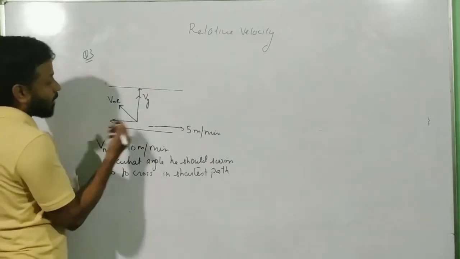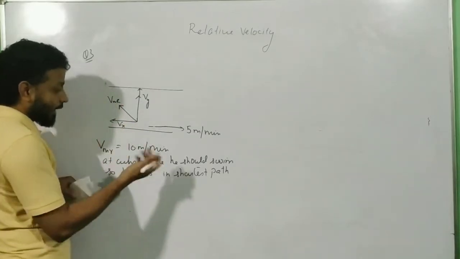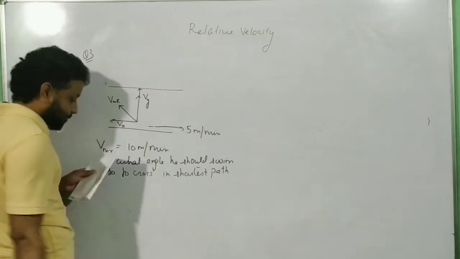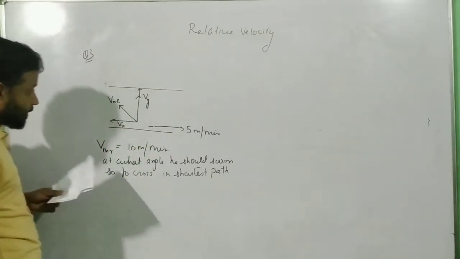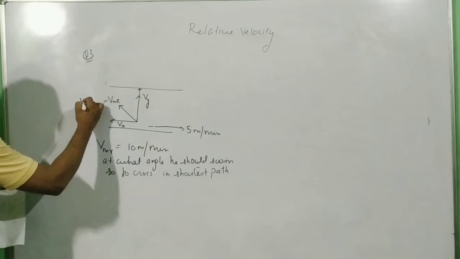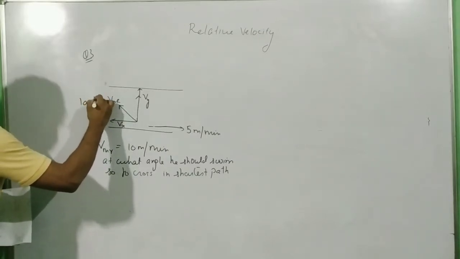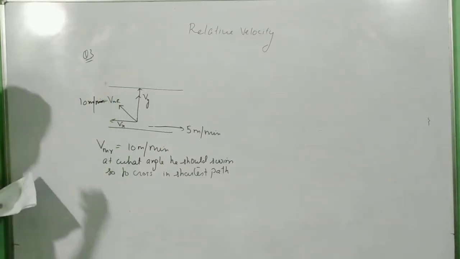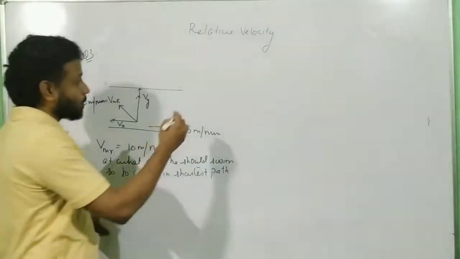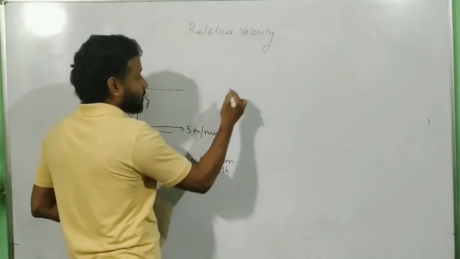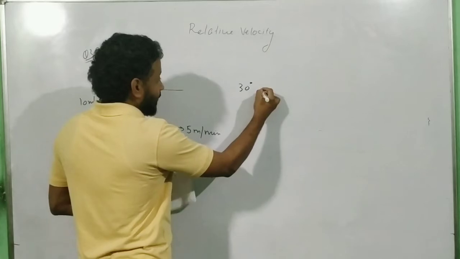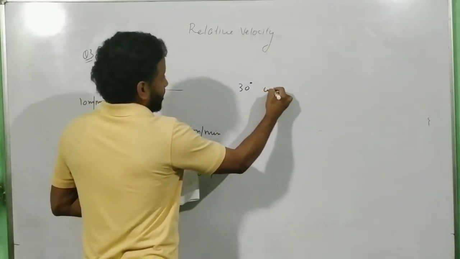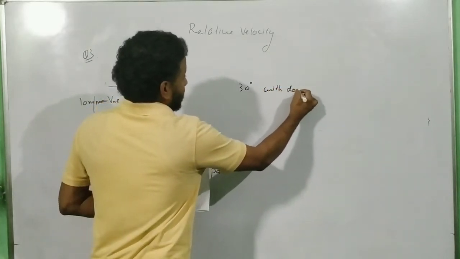Now the question is, at what angle? So this VMR is 10 meter per minute. Here is the catch. Look at the options. 30 degree with downstream.